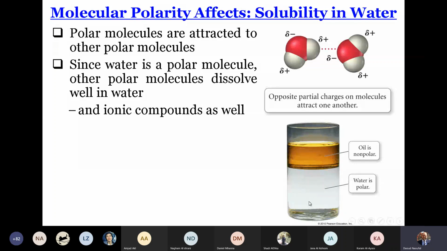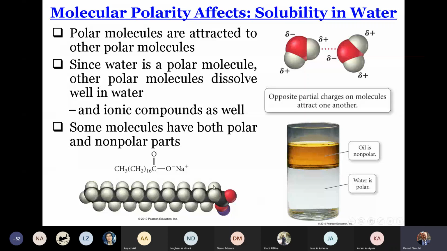It would not interact with the delta plus and delta minus of water. For this reason, oil is immiscible with water. Some molecules have polar and non-polar parts, like soap. The soap from this side is polar, from the other side is non-polar.